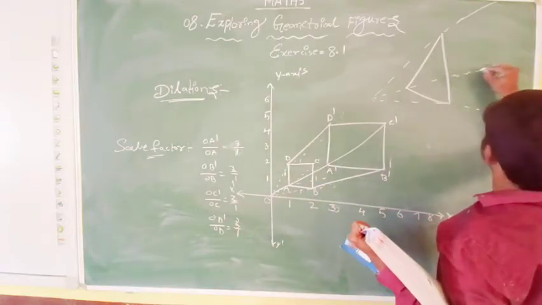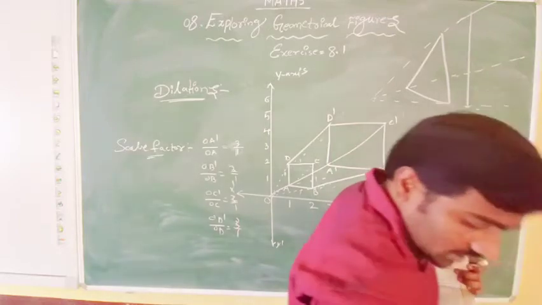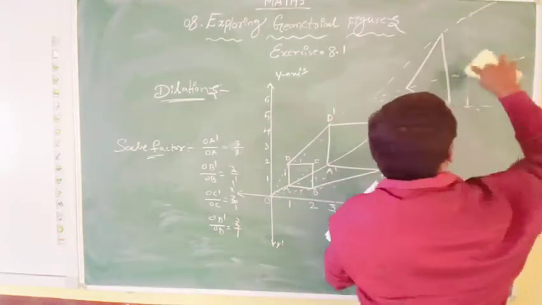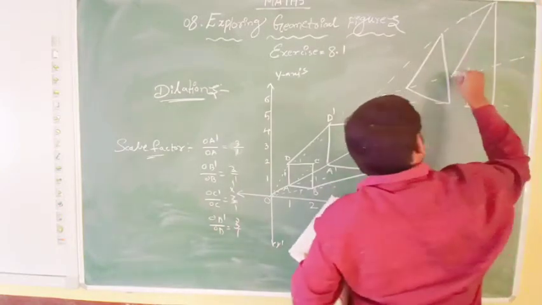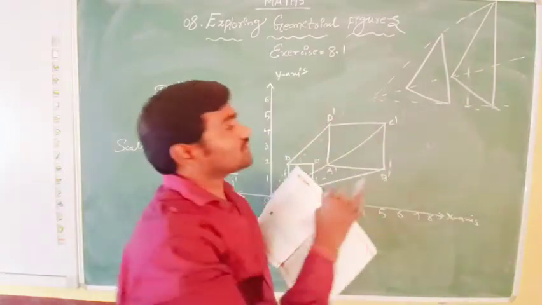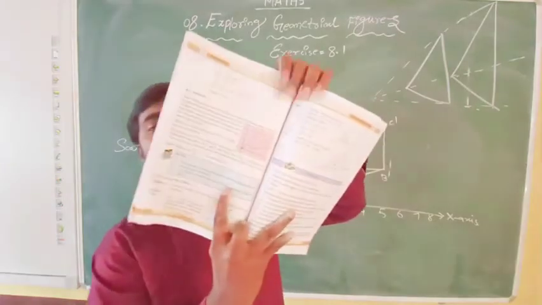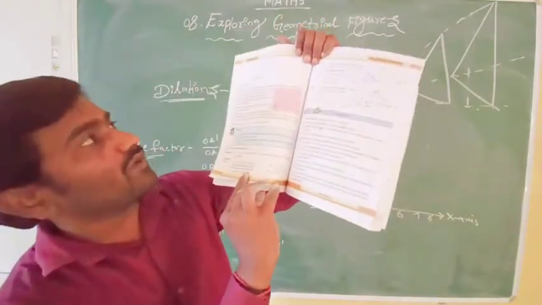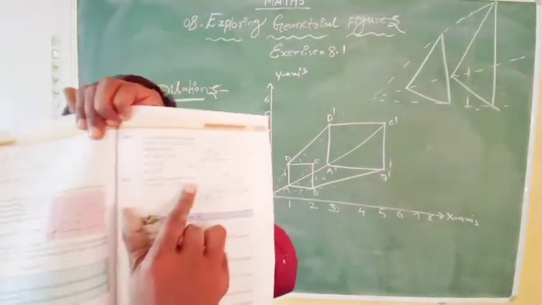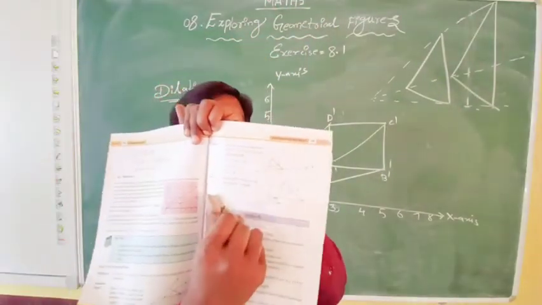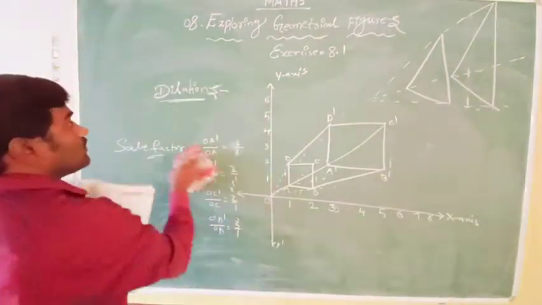If I enlarge it like this, then I can go for drawing dilations, enlarged figures or reduced figures. As they have done here, you can go through the same page again, 194. Here the steps are clearly given, step 1, step 2, step 3, on how to construct the dilations.